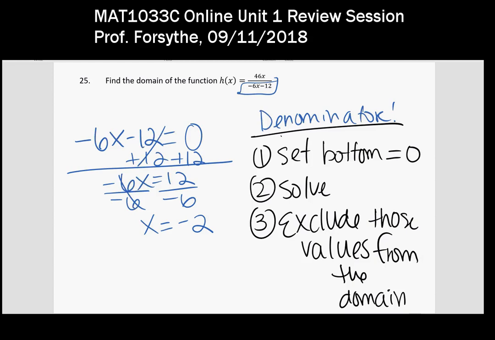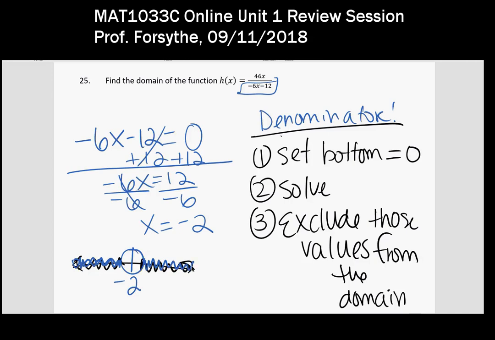Because if x equals negative 2, that means what I've just boxed in, the denominator, would end up equaling 0. So if I think about it on a number line, if it's all real numbers except at negative 2, then that is my domain.